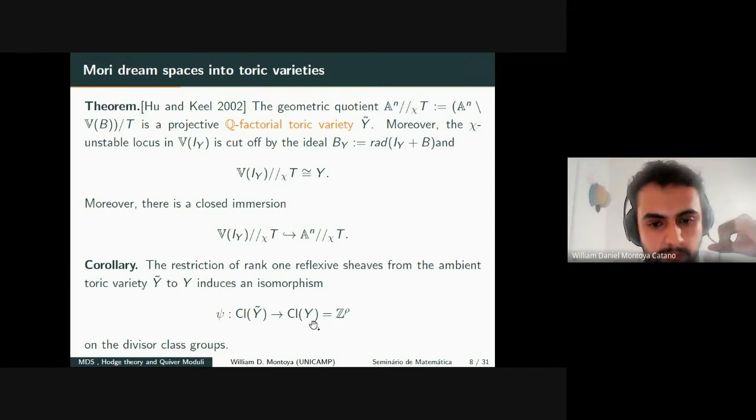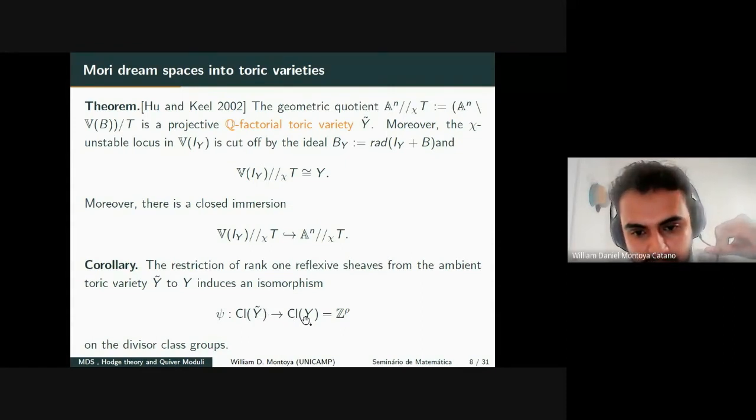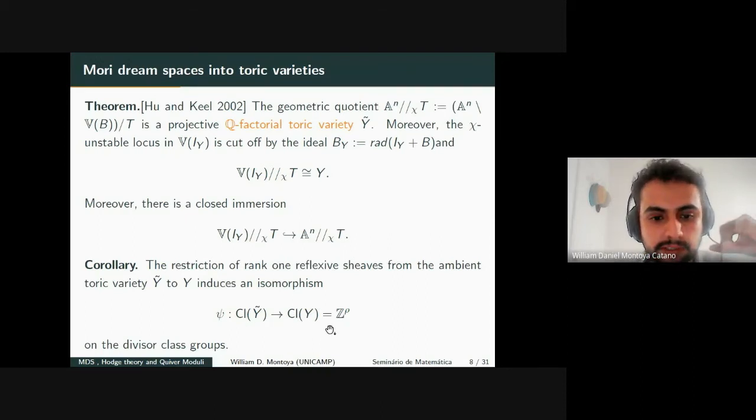All the rank one reflexive sheaves, which in this case correspond to Weil divisors, not Cartier Weil divisors, you can get all the divisors you started with in your Mori dream space as a restriction. Okay, so all the divisors are coming from the ambient space.